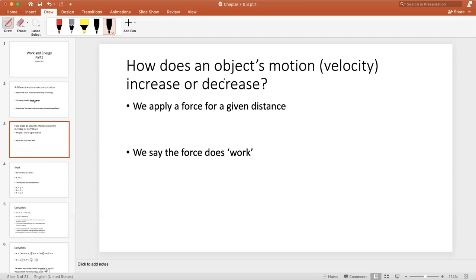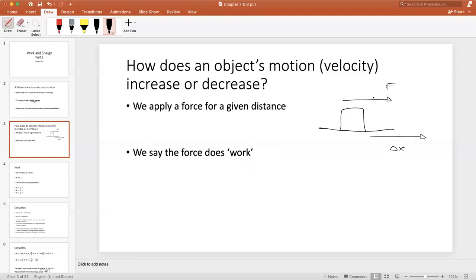And the real question of chapter 7 and 8, and a different question in chapter 9, is what do we mean by applying a force? Well, in chapter 7 and 8, we mean that we apply a force over a distance. So imagine that you are standing next to a table that has a block on a frictionless surface, and you use your hand, you push this thing with a force, and it travels some distance x while you're pushing it with your hand.